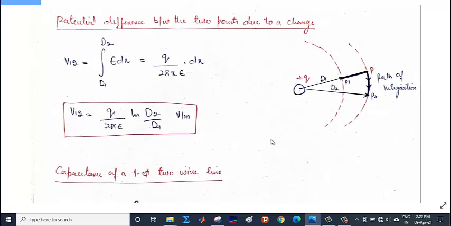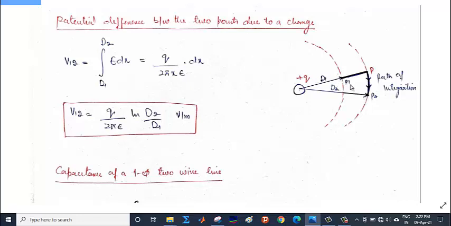So we need to find out the potential difference between this point P1 and point P2 due to this charge. What we do is simply integrate this electrical field between these 2 points, where P1 will be at a distance of d1 from the center of the charge, and P2 will be at a distance of d2 from the center of this charge.